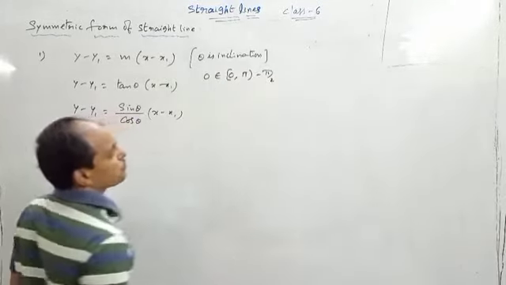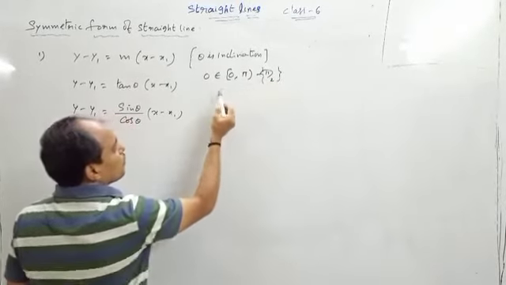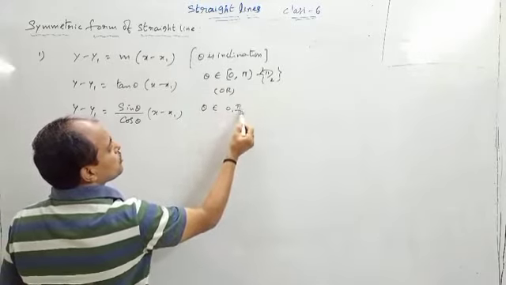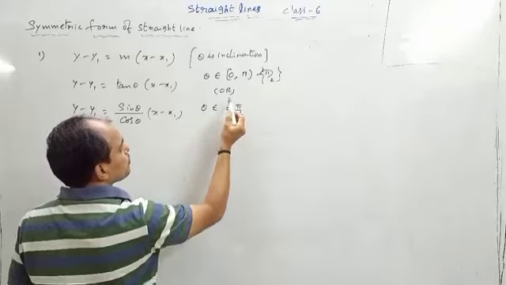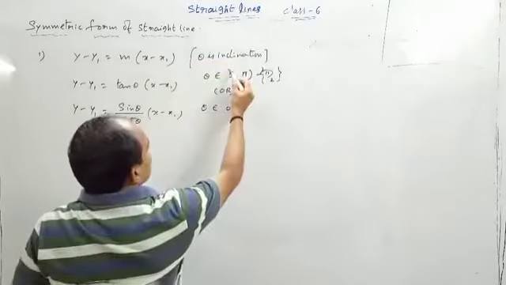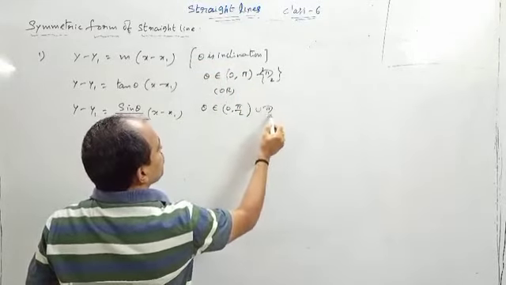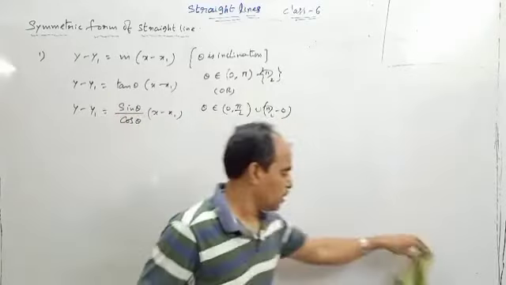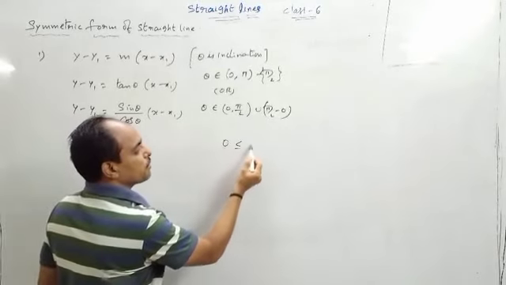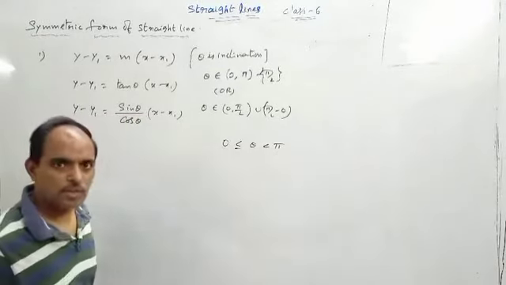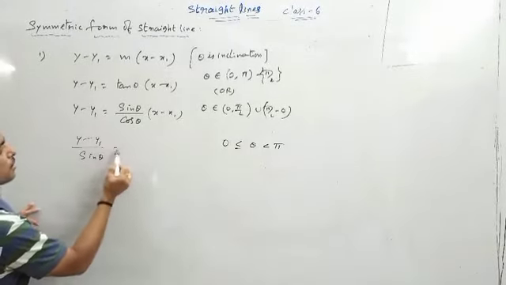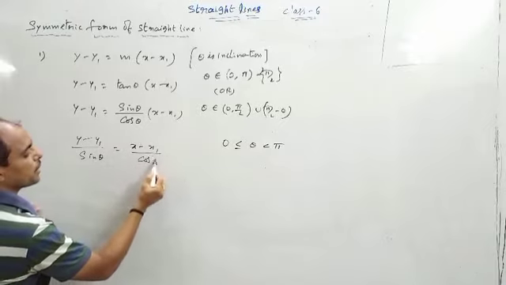I already told you, the inclination angle is always between 0 and pi only. Okay. Now see here, y minus y1 by sin theta is equal to x minus x1 by cos theta.